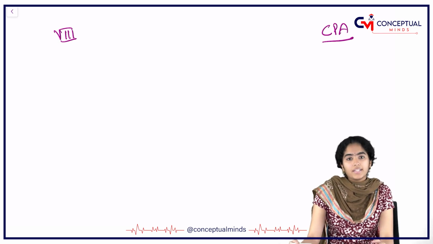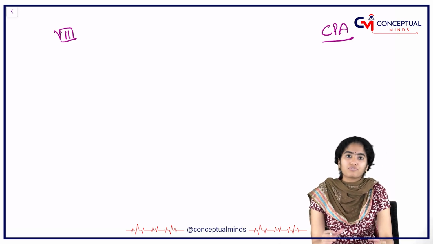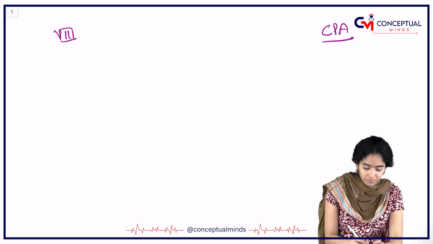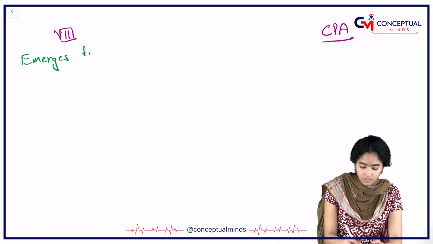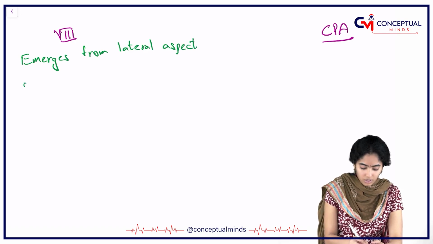The 8th cranial nerve emerges from the lateral aspect of the pontomedullary junction. Let me write that down for you. It emerges from the lateral aspect of the pontomedullary junction.